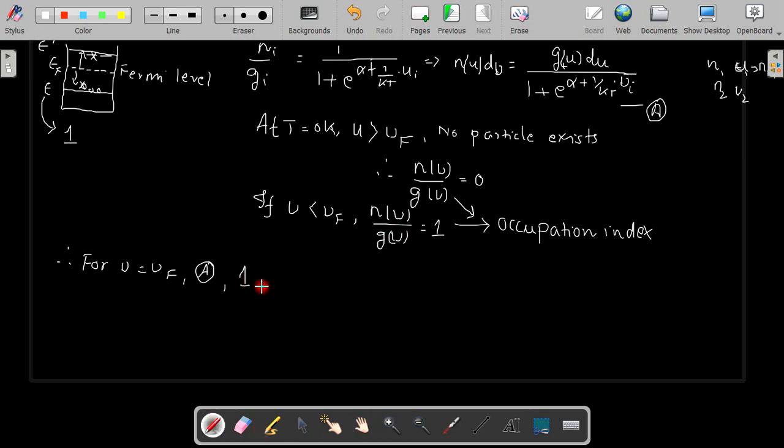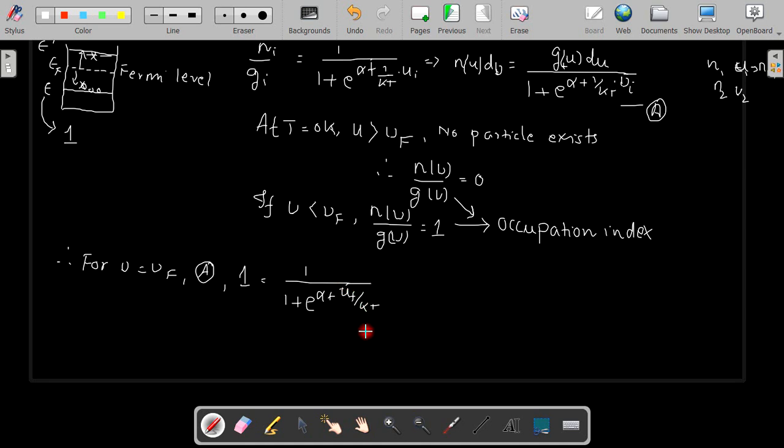This would be equal to 1 divided by 1 plus e to the power alpha plus u by kT, and because we are saying u and uf are equal, so we are talking about the Fermi level, it becomes alpha plus uf divided by kT.